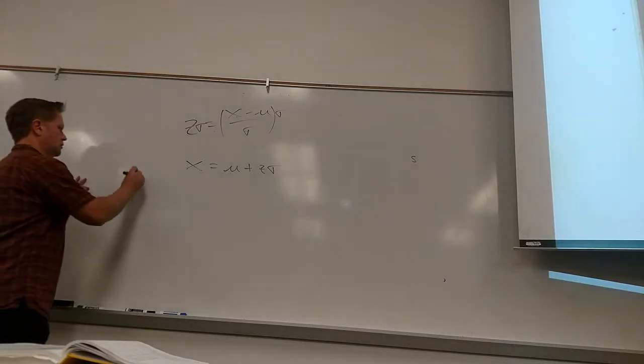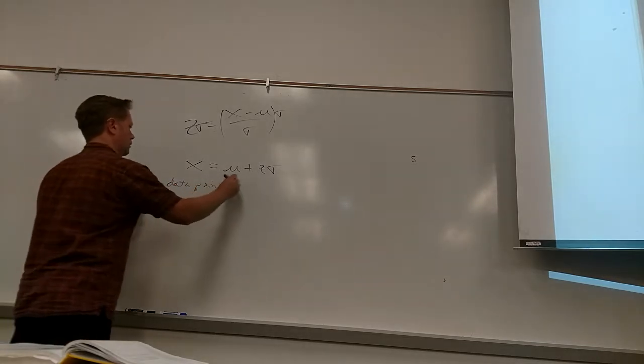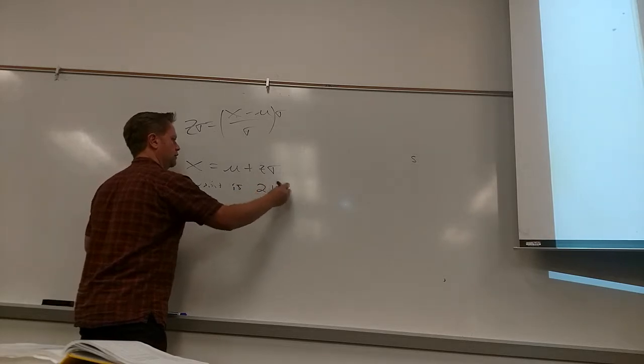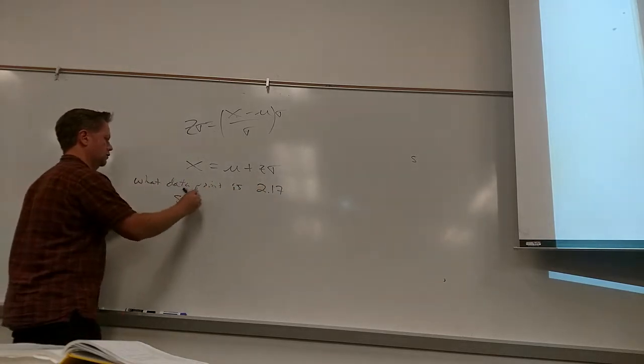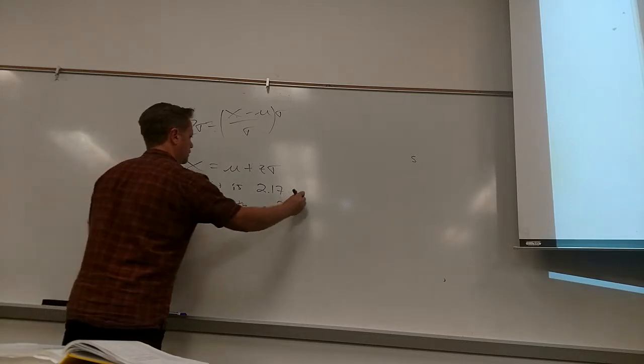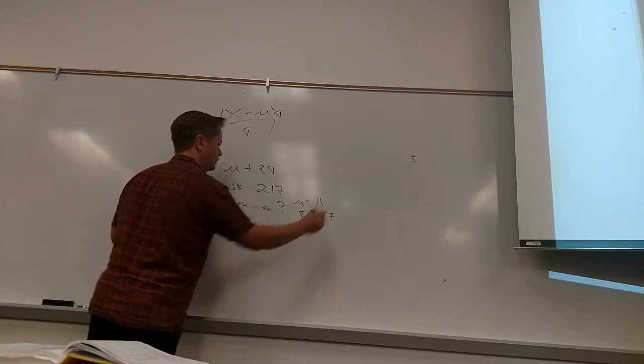So watch this. The homework has stuff like, what data point is 2.17 standard deviations below the mean? And they tell you the mean is 11, and the standard deviation is 1.57.